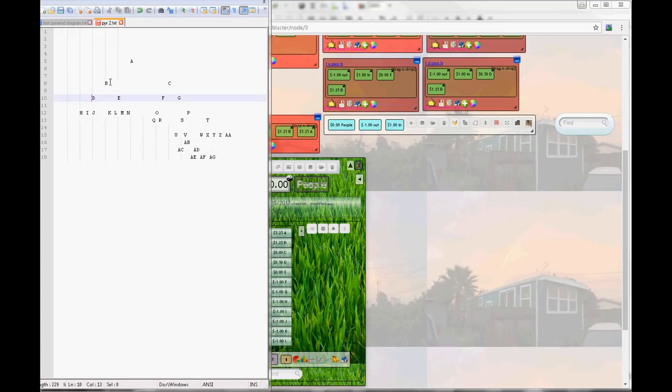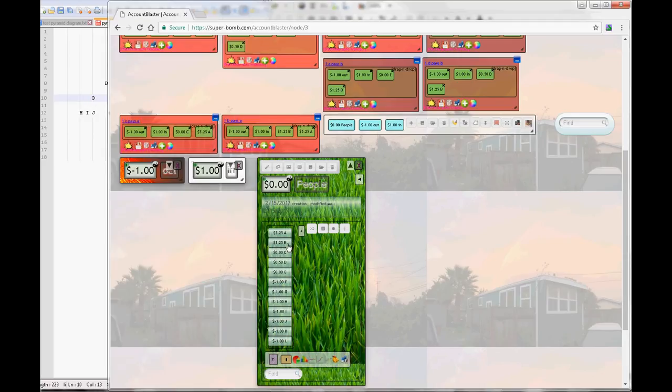Getting $1 from E, paying 50 cents out to A for that. And H gives D $1, which gives B 50 cents, which gives A 25 cents.